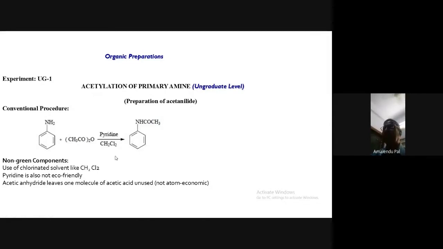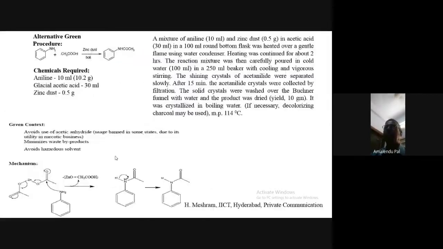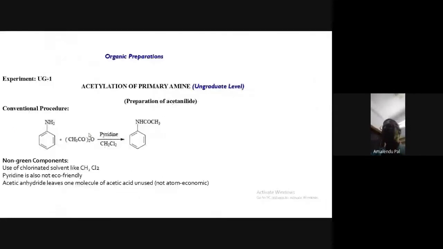The greenest way, as I told you, is to take acetic acid and zinc dust and boil, then you can get acetanilide, because acetic anhydride is banned for use in most states, I think. That also gives minimum waste and avoids hazardous substances. This is the best way, and we can use it in undergraduate level practicals.